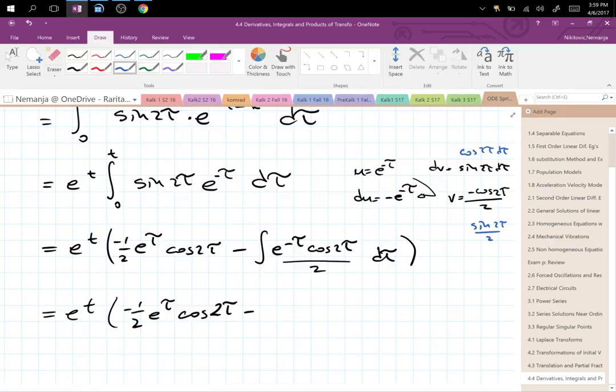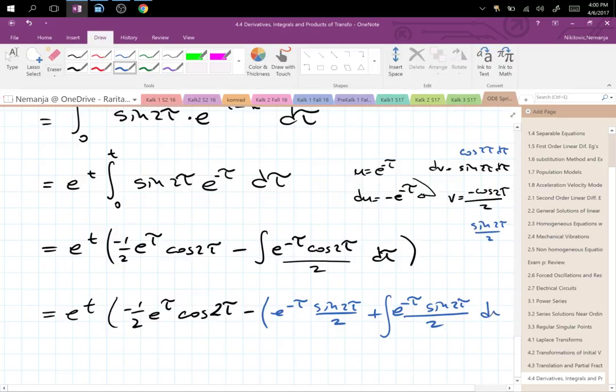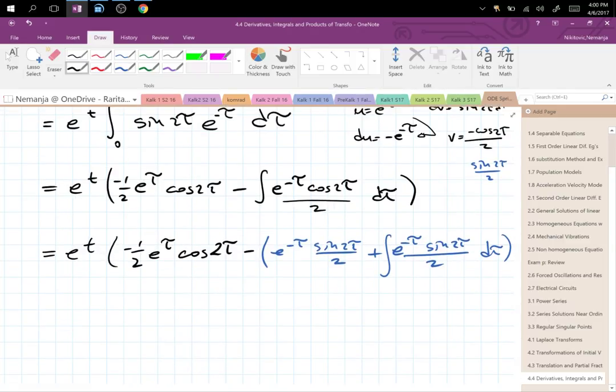I have another parenthesis, e to the negative tau times sine 2 tau over 2 minus, and the du minus will give me plus, and I have e to the negative tau times the sine of 2 tau over 2. That's the integral, so you have d tau. So that's the same as the one that you started with, but let's clean it up.